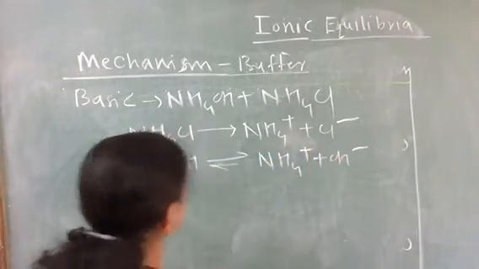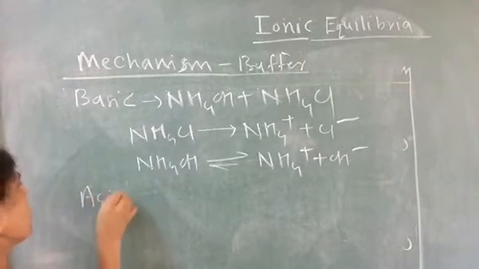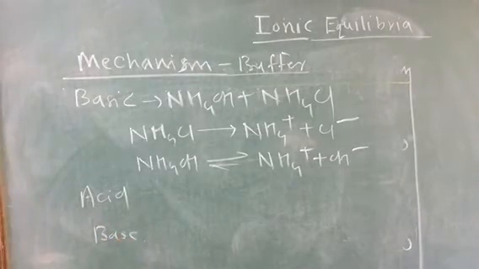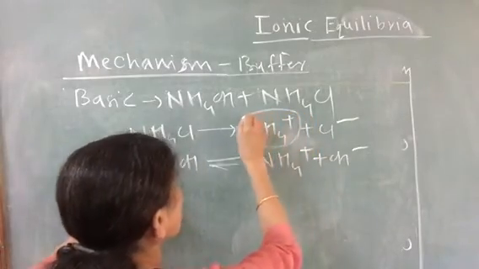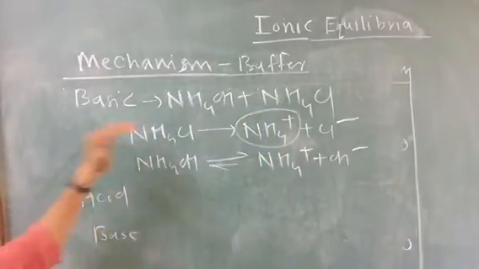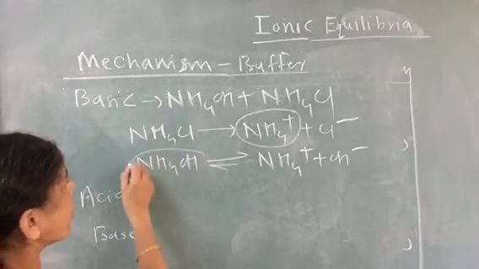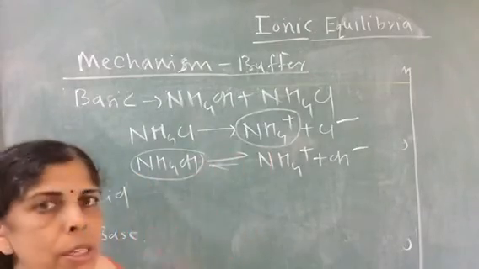Now, if strong acid is added and if base is added, what is going to happen? See again, NH4+ ions we have in large excess because it is a salt and therefore it will completely ionize, isn't it? At the same time, NH4OH also we have in large excess. It will ionize to a small extent.